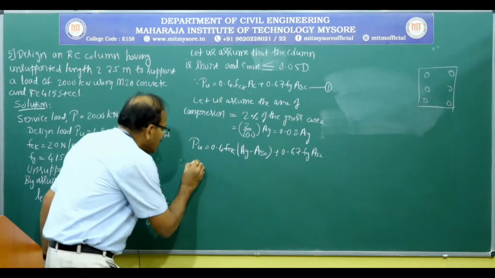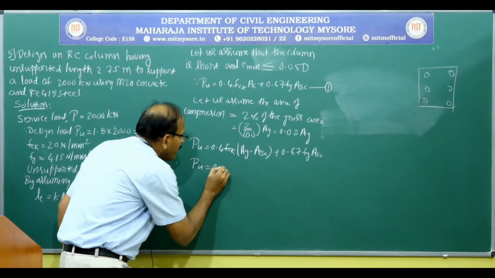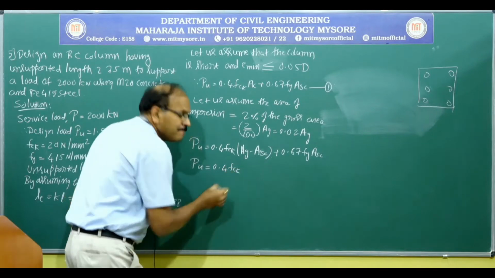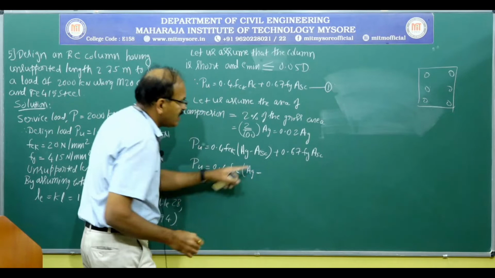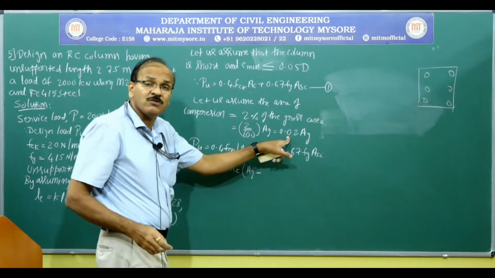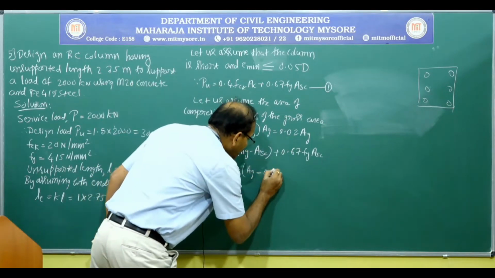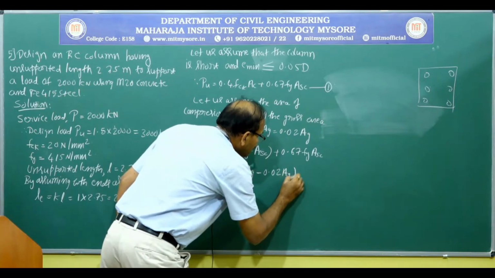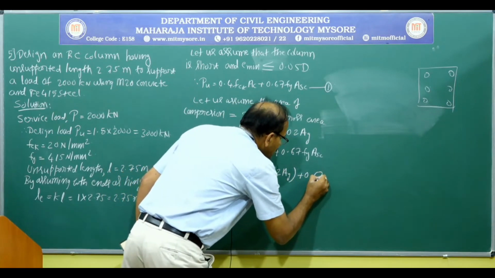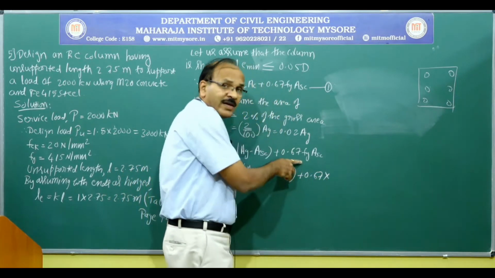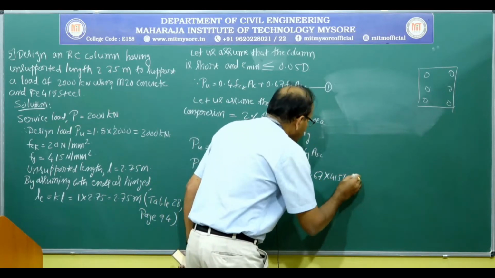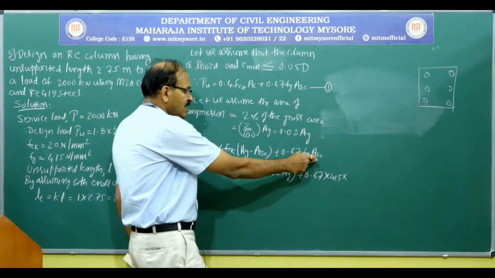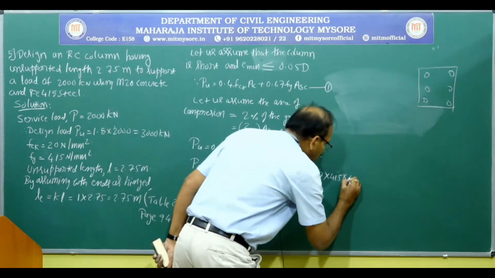Going further, PU equal to 0.4 FCK and Ag minus, in place of ASC I am going to substitute 0.02 Ag, that is 0.02 Ag, plus 0.67 into FY, that is 415, and in place of ASC I am going to substitute 0.02 Ag.